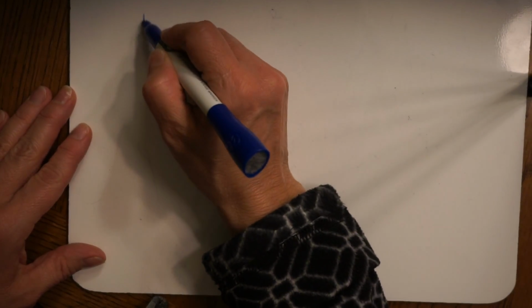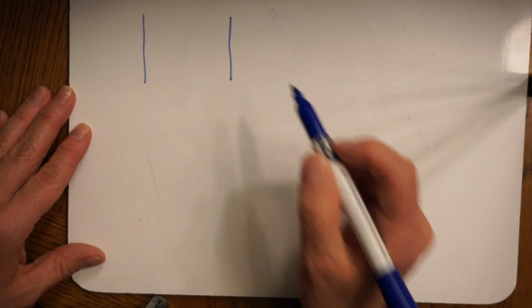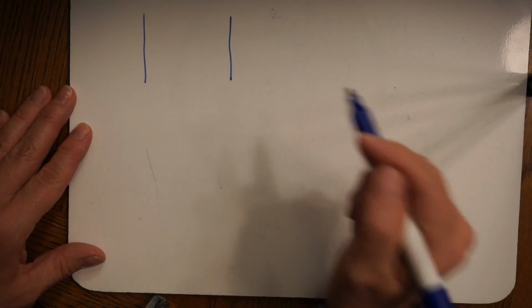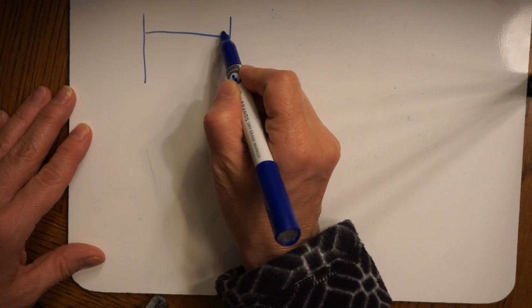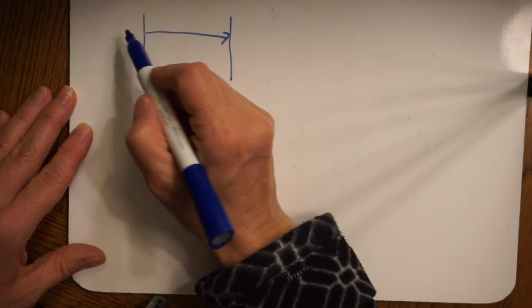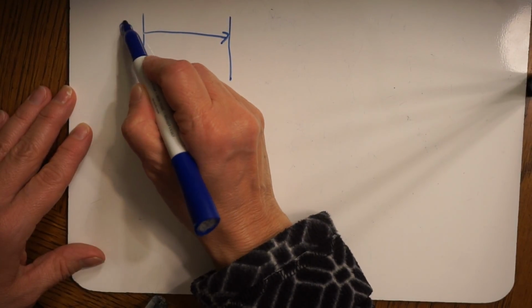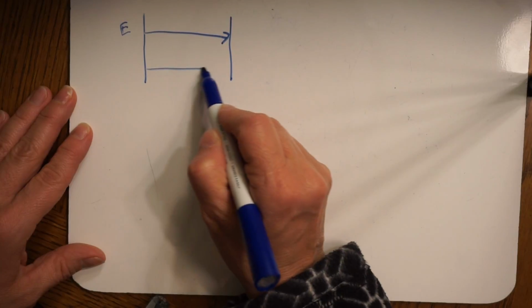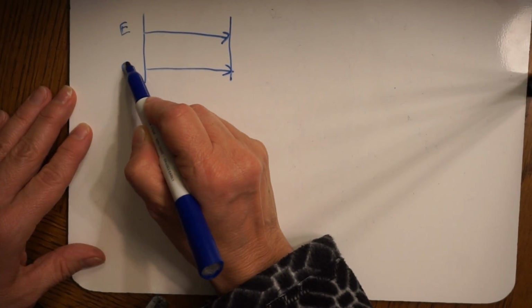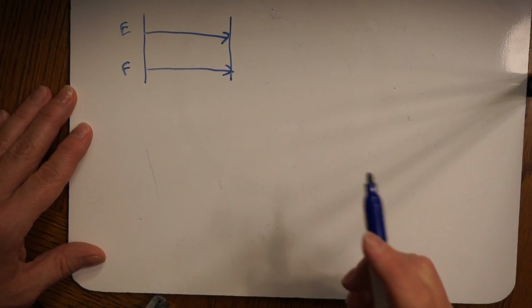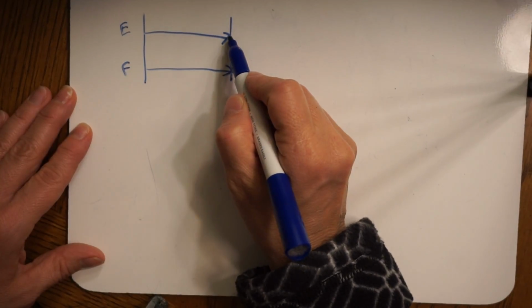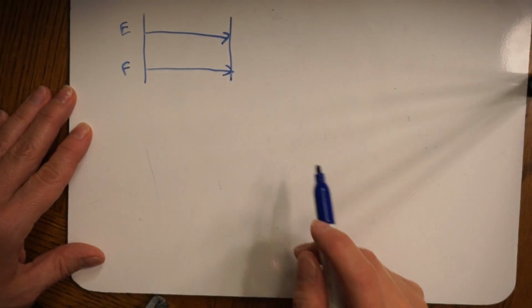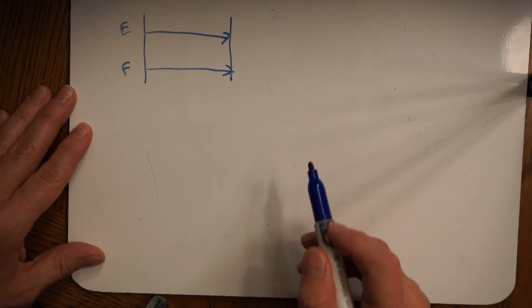So the diagram that we'd be looking at, we see from the problem that they both made the same trip. So this will be the express train, and then the freight train made the exact same trip. So this is the distance of the express, the distance of the freight. They're equal to each other.